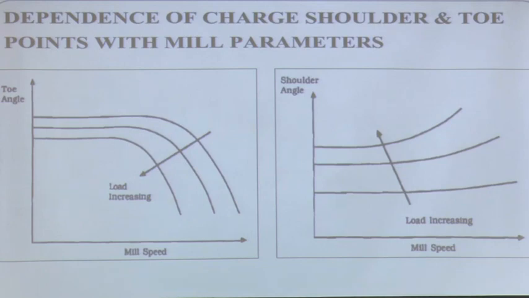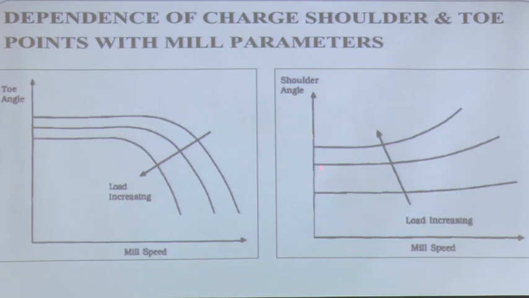Now, some questions that were asked, you will start to get those answers automatically. Toe angle with the mill speed, what happens? With certain mill speed it has no effect, then it comes down, and as the load increases, that means as the charge volume increases, it comes lower and lower.